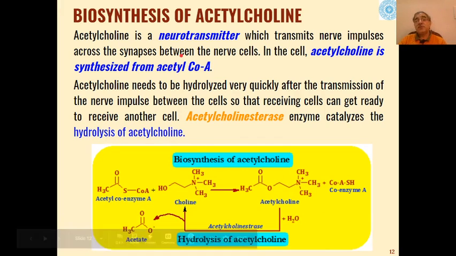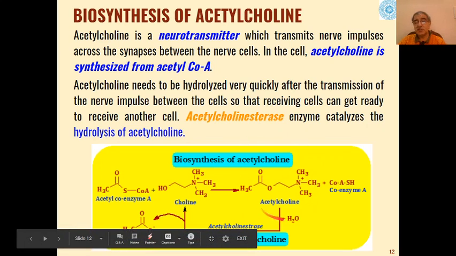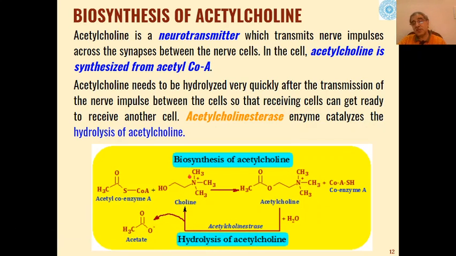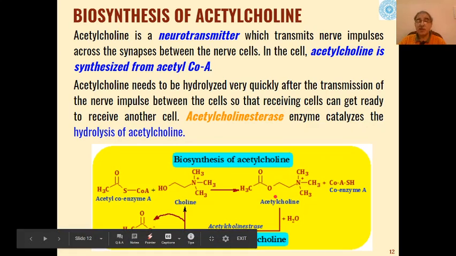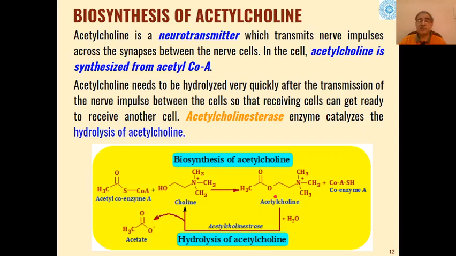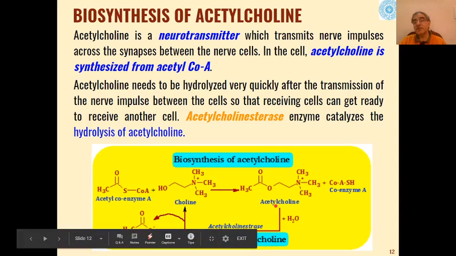Similarly, biosynthesis of acetylcholine is also catalyzed by acetyl coenzyme A. Acetylcholine is a neurotransmitter which transmits nerve impulses across the nerve cells, and this acetylcholine is synthesized from the reaction of acetyl coenzyme A and choline, and this acetylcholine needs to be hydrolyzed very quickly after the transmission of the nerve impulse between the cells.